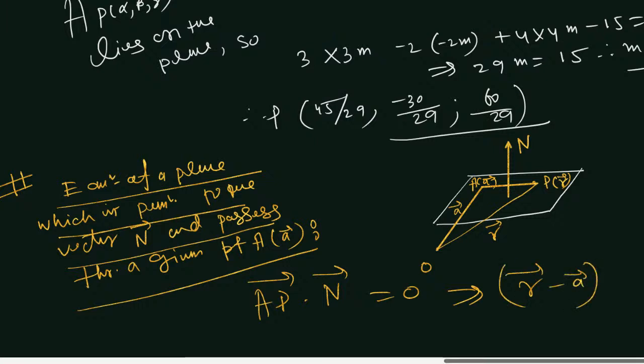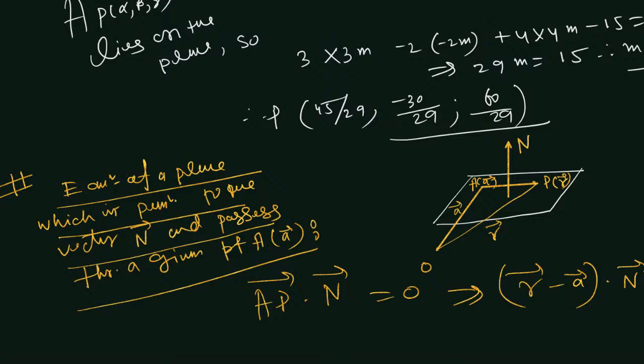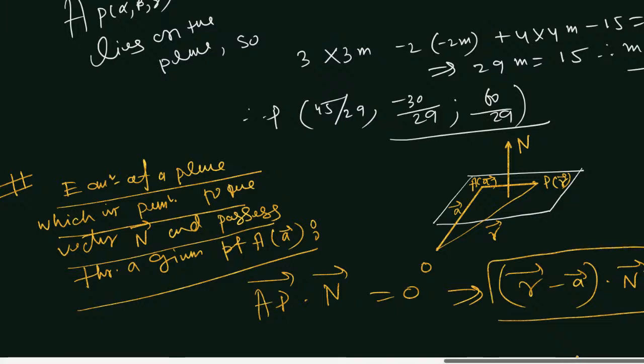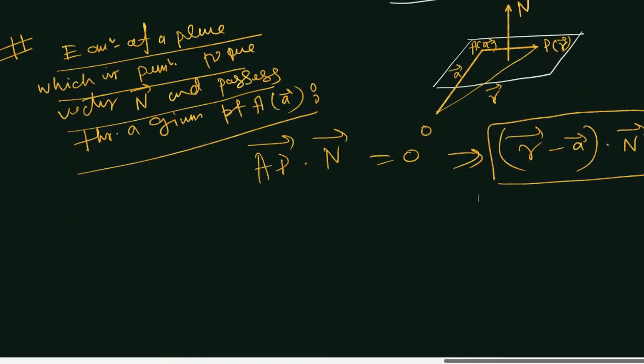So r minus a dot n equal to 0. This is the equation of the plane. Somebody has given you the vectors a and n, you can write the equation. Okay? Similarly, how do you write the scalar form? This is the vector form. Scalar form will be what?